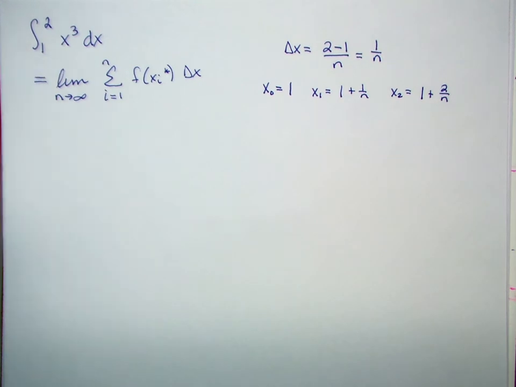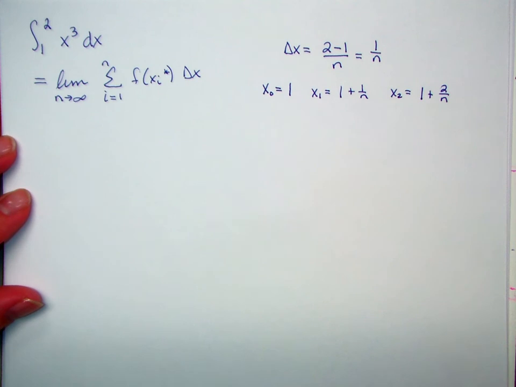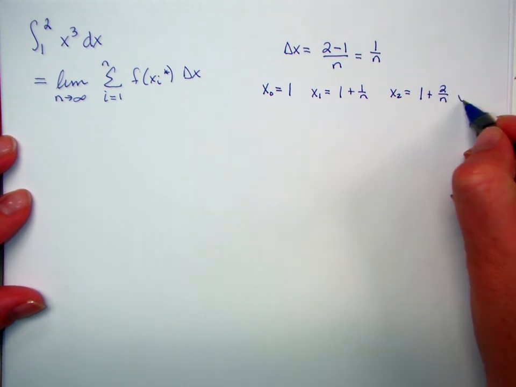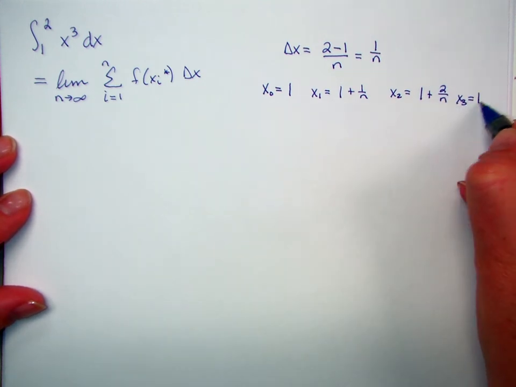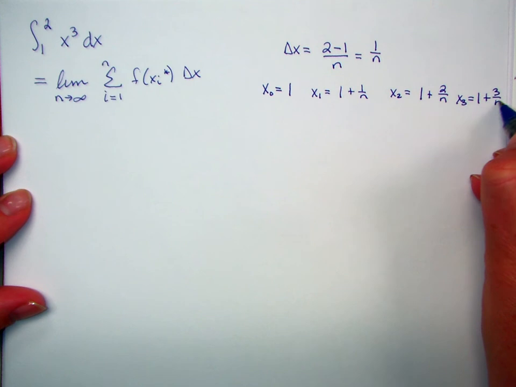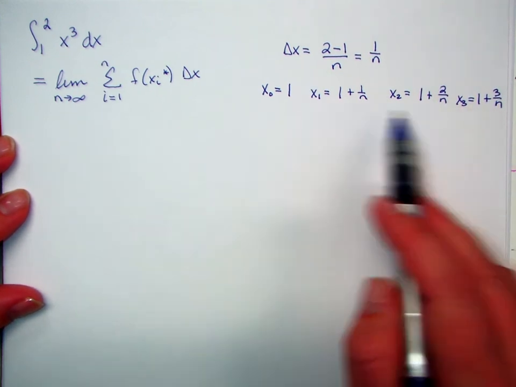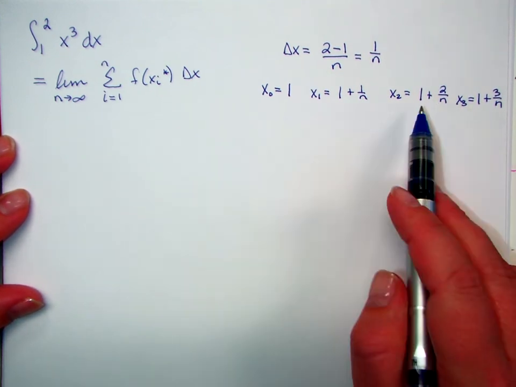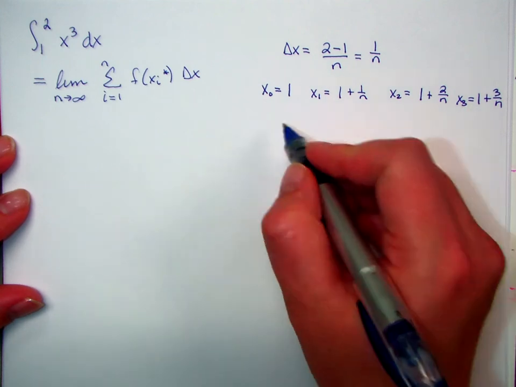X sub 3 is 1 plus 3 over n, correct? If I add 1 over n to this, I get 1 plus 3 over n. Usually it takes me to x sub 2 to figure out the pattern. The third one just helps solidify it.